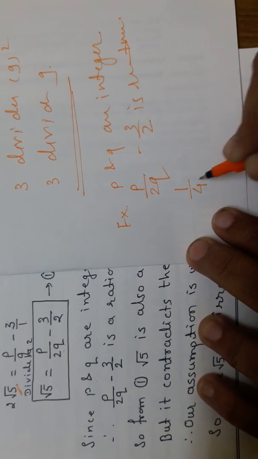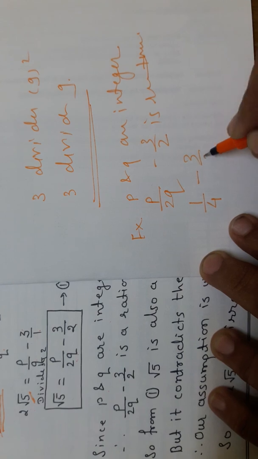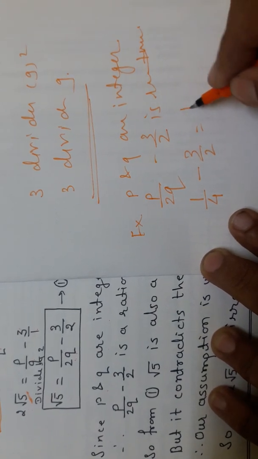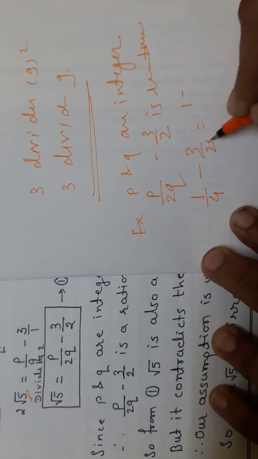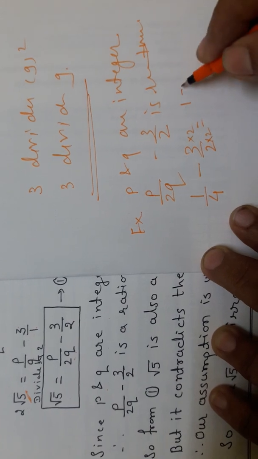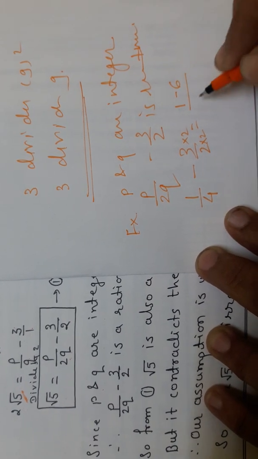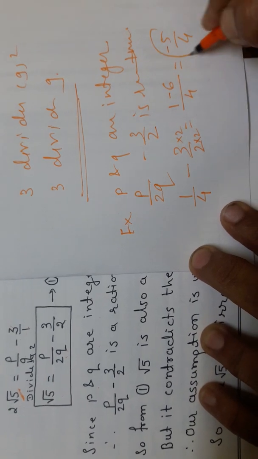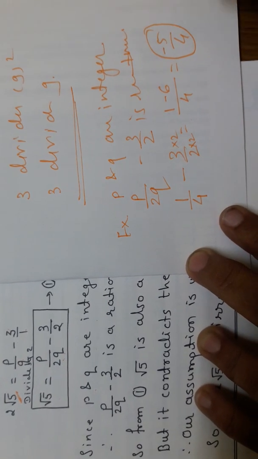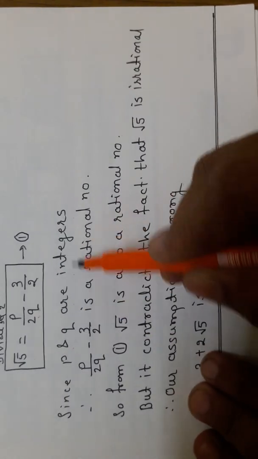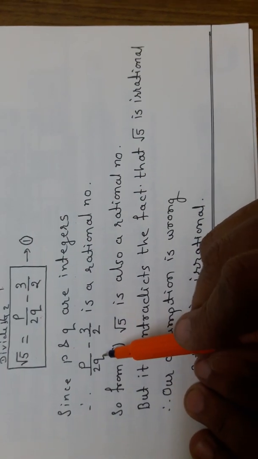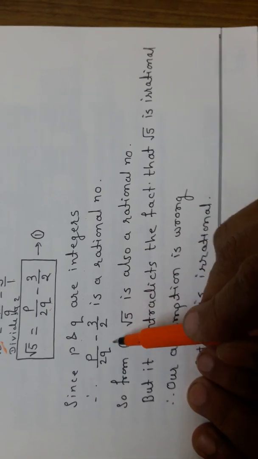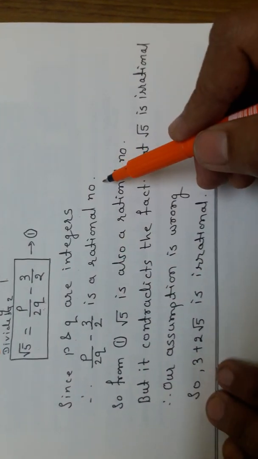So you get 1 by 4 minus 3 by 2. We will multiply by 2, and we get 1 minus 6 by 4, that is minus 5 by 4, which is again a rational number. That's why we say if p and q are integers, then their subtraction, their addition, whatever we get, is a rational number.